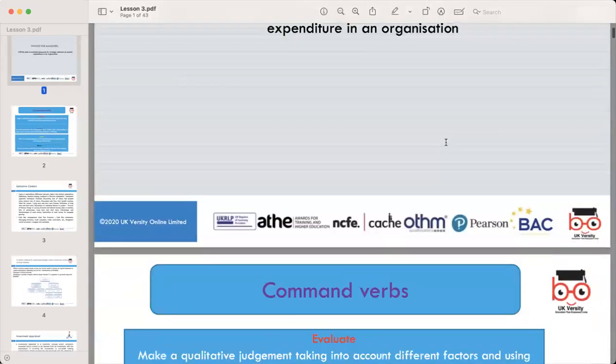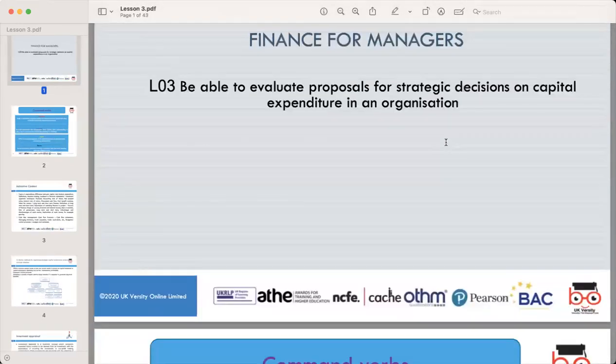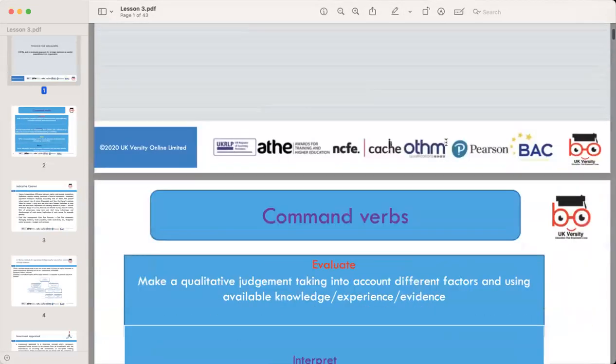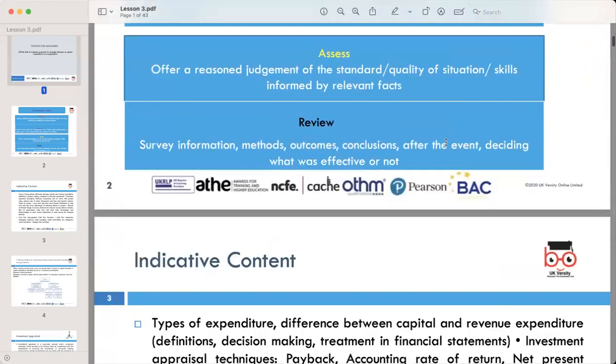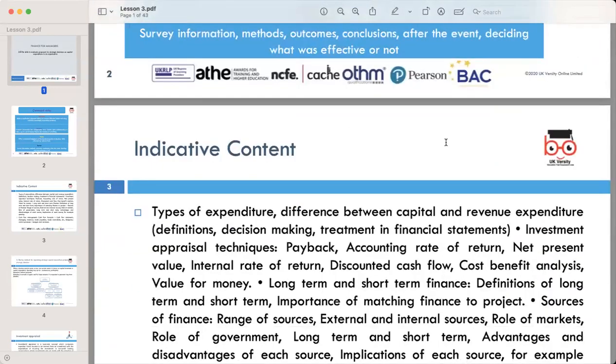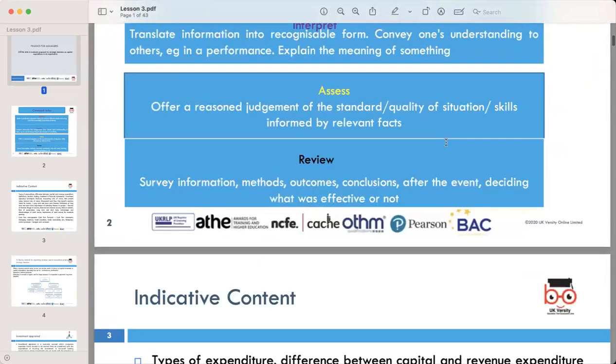So let's start with our first learning outcome: be able to evaluate proposals for strategic decisions on capital expenditure in an organization. To understand the types of expenditures and the difference between capital and revenue expenditures: capital expenditure refers to the money spent on new non-current assets in a business.